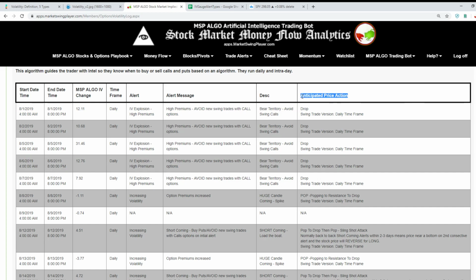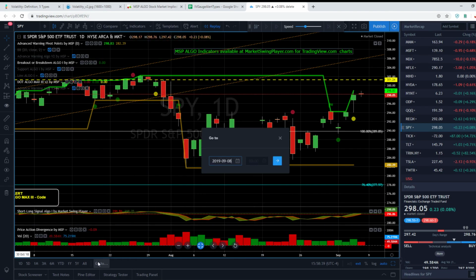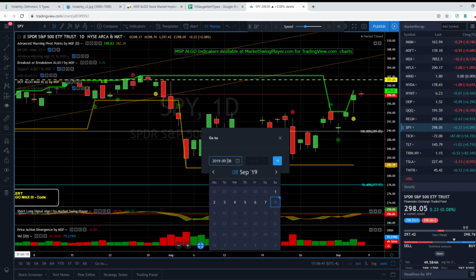Anticipated price action, drop. Swing trade version, daily time frame. So we know that on the 1st of August, it's saying that you should not be swing trading calls. So let's look at the chart, and let's go to the 1st of August and see what was going on.